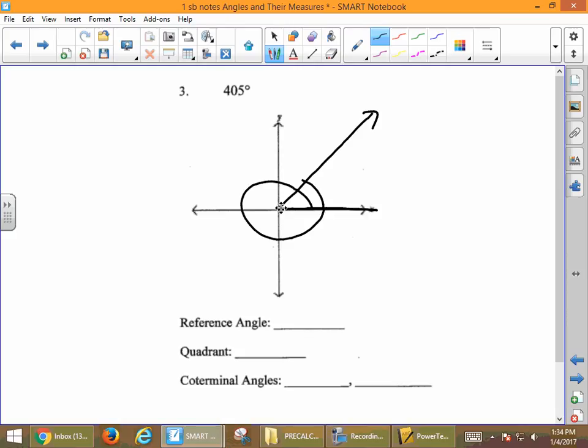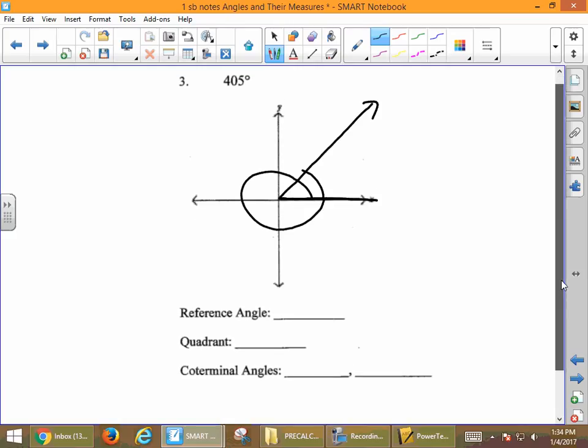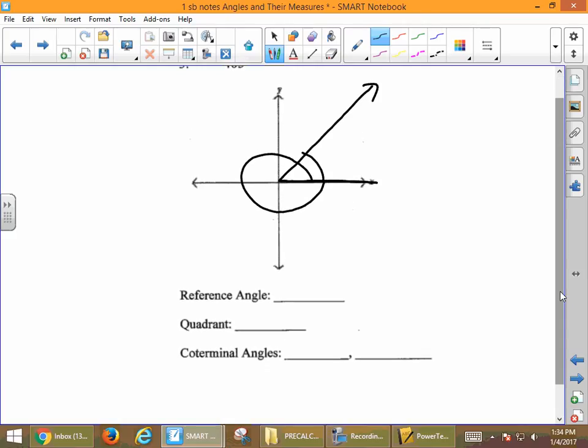So what happens here is we've got more than one rotation in this picture, because if we go around full circle, as I like to say sometimes, a full circle is 360 degrees. And then we went to 405 degrees. Well, let's look at what our reference angle is.